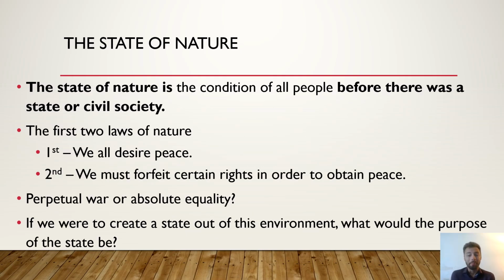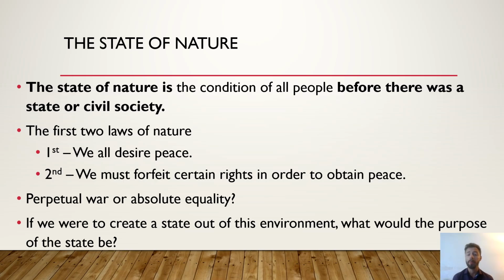So here we are. We've made it to the state of nature. So the state of nature, simply understood, is the condition of all people before there was a state or civil society. Think of it as the caveman days, when every individual was left to their own devices. We all had to stand up and defend ourselves. When we look at the state of nature, we do not have to remember this, but we understand that there are two primary laws of nature.